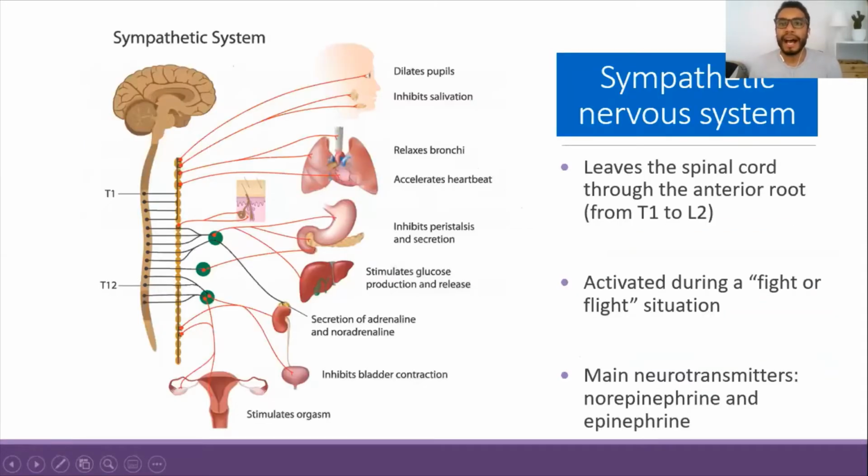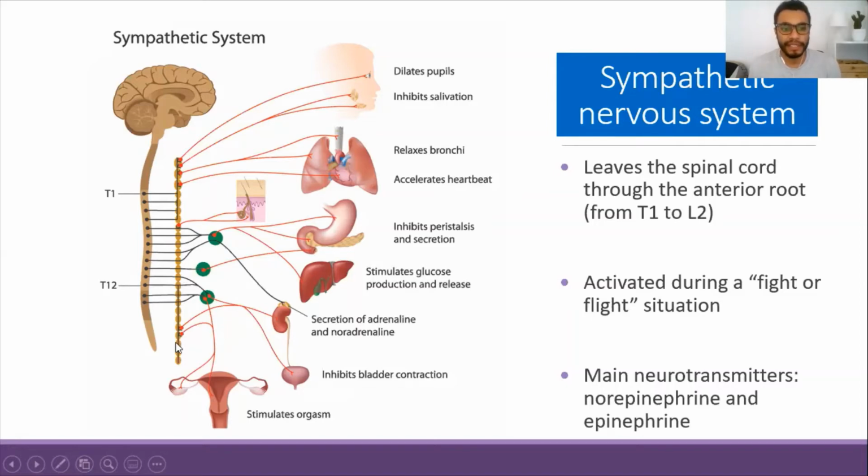So anatomically speaking, the sympathetic nervous system consists of fibers that emerge from T1 to L2. So this is the second lumbar segment. Okay, so from T1 to L2, we have the sympathetic division. Those sympathetic fibers will eventually cross here the ganglia. As you see here in yellow, those are ganglia.